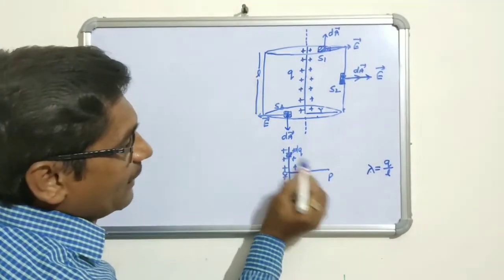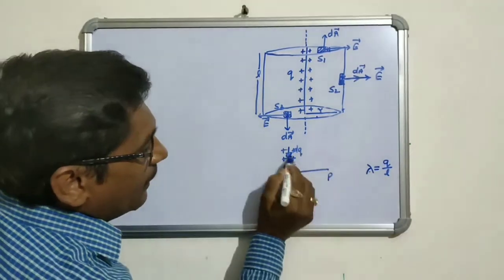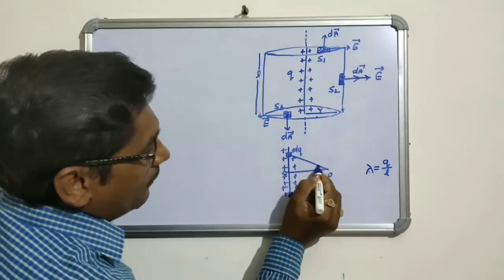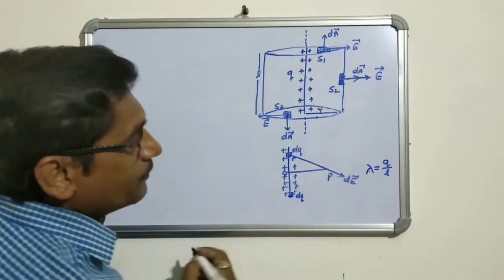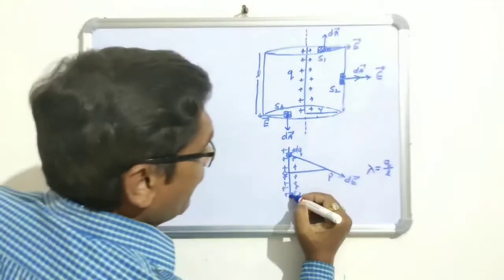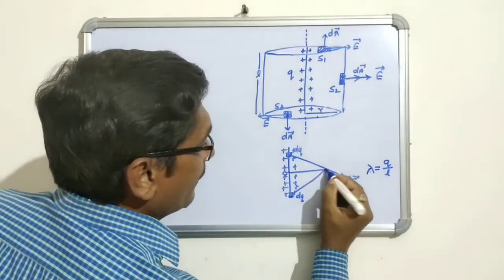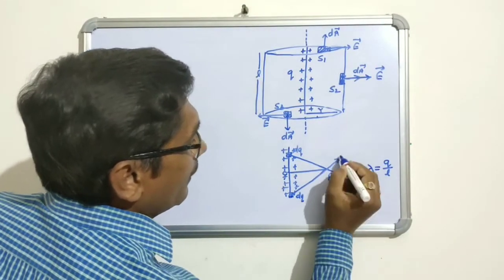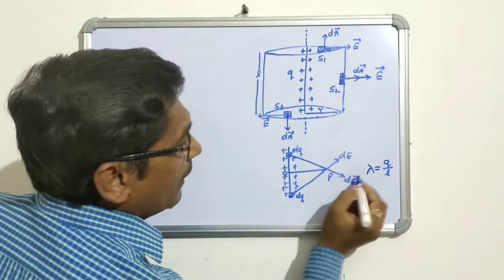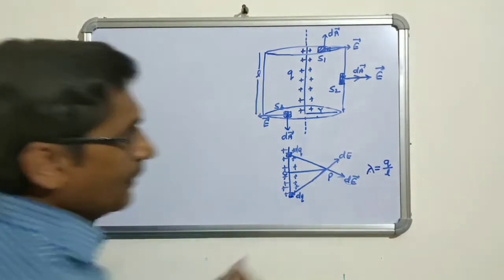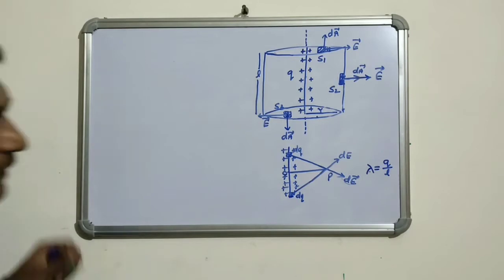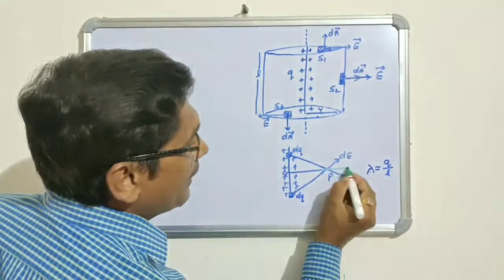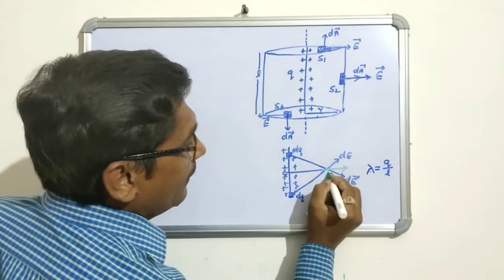The electric field by this charge segment on P is acting in this direction. It is dE, and similarly electric field acting by this is dE. The component of this electric field is divided into two parts, one in this direction and another in this direction.